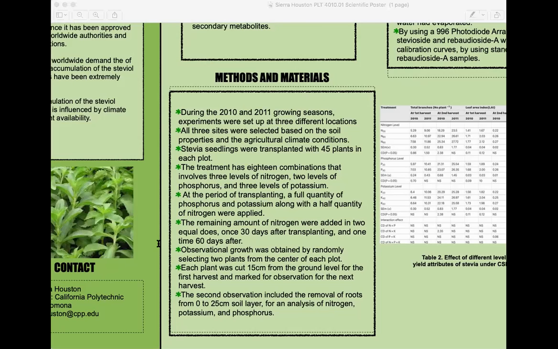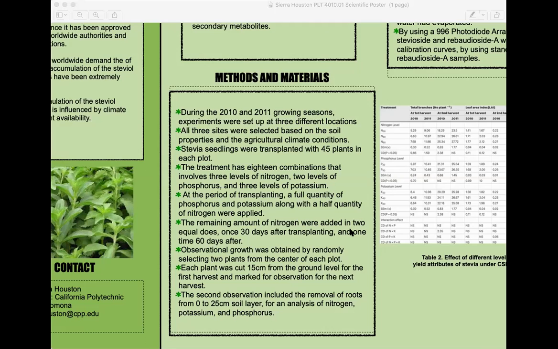The first site was an experimental farm, CSIR Institute of Himalayan Bioresource Technology, IHBT, sorry for the acronym. The second location was a regional horticultural research station, RHRS. The last testing site was the agronomy research farm at Punjab Agricultural University, PAU.